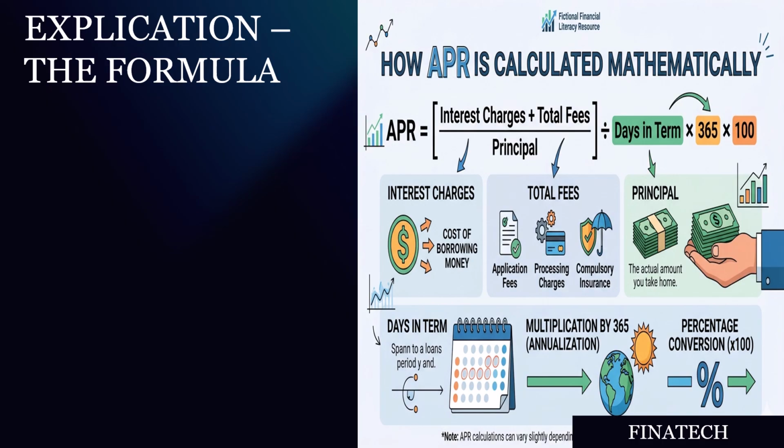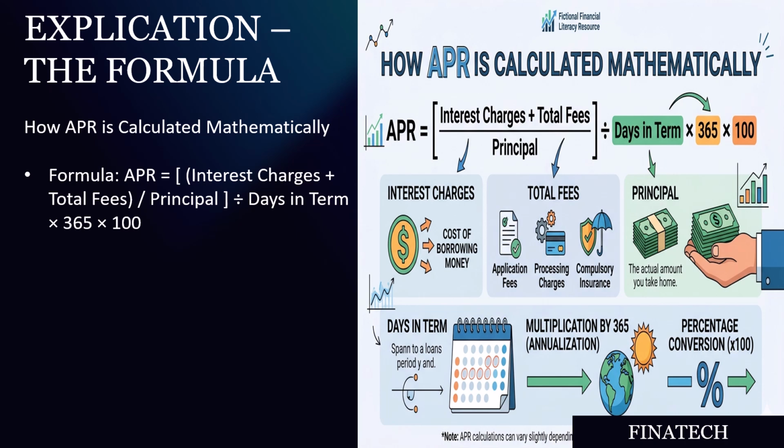Look at this formula. APR equals interest charge plus total fees, divided by principal, and all divided by the number of days in the term in years, multiplied by 100.